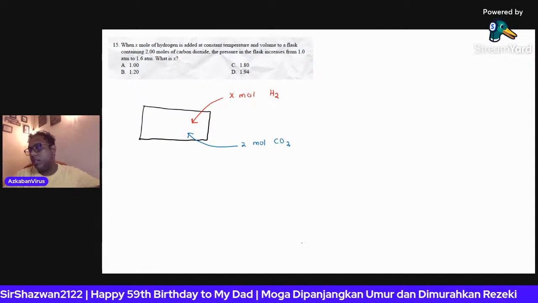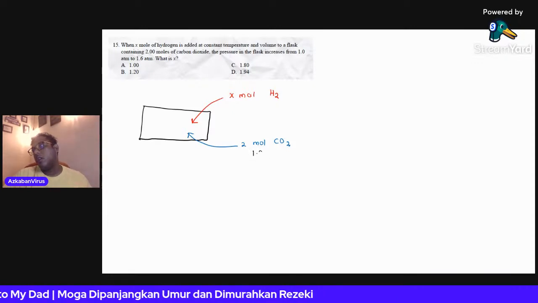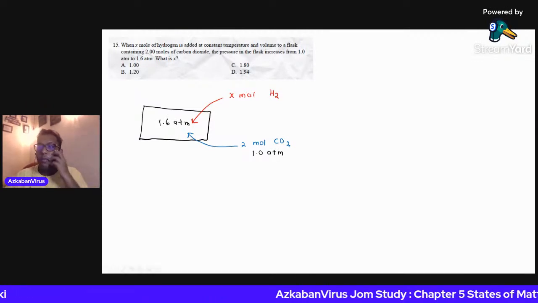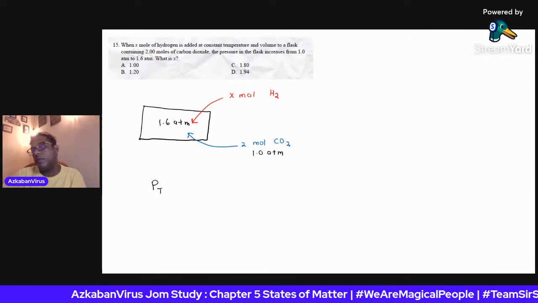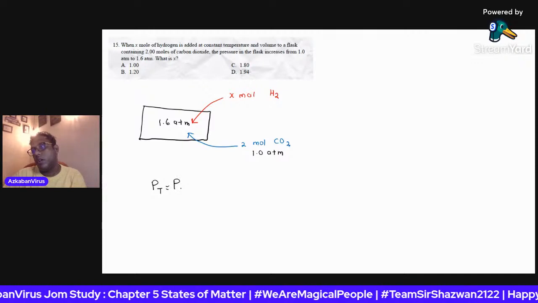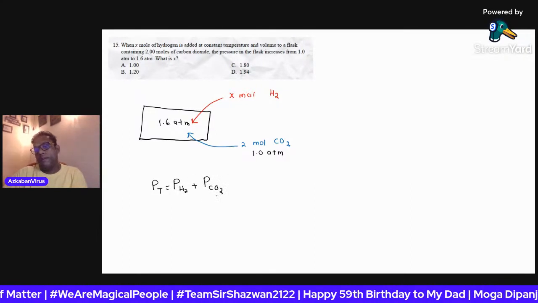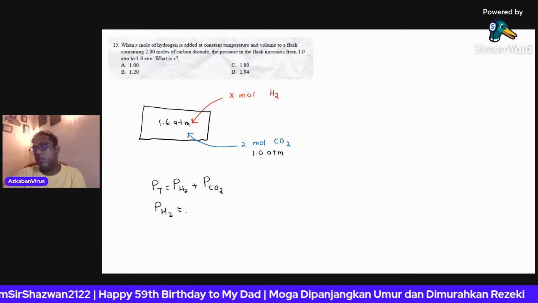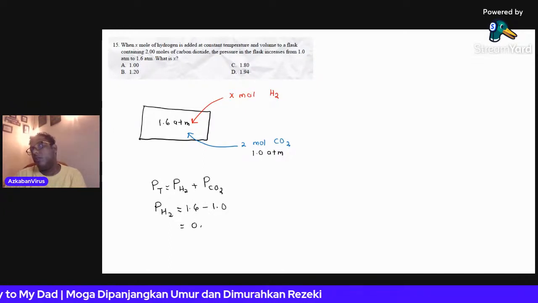Okay, P total asalnya adalah 1 atm. Now dah jadi 1.6 atm. From here kita boleh cari pH2. So kita dapat pH2 is equal to 1.6 minus 1.0, which is equal to 0.6 atm.